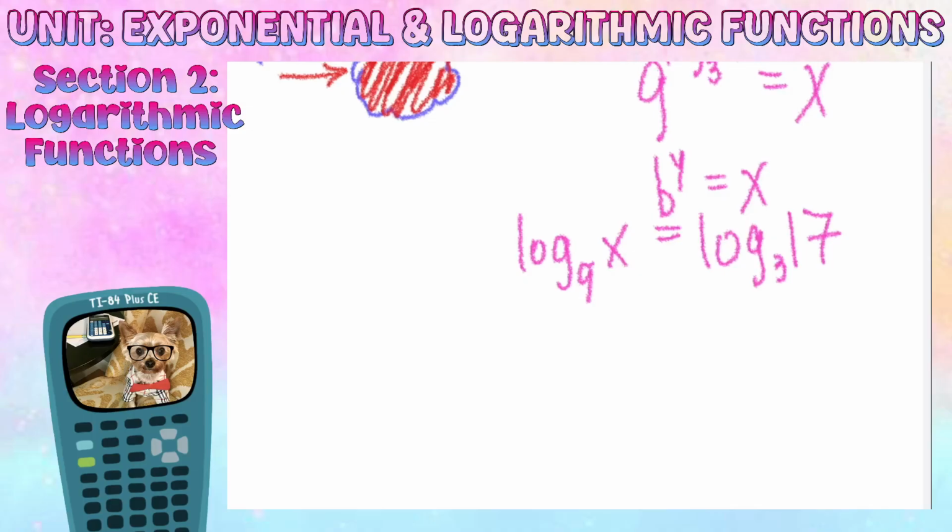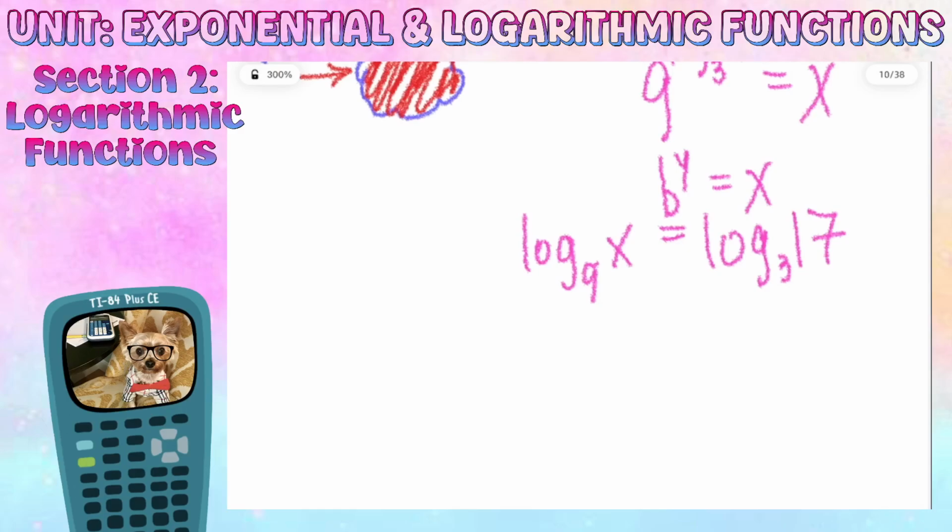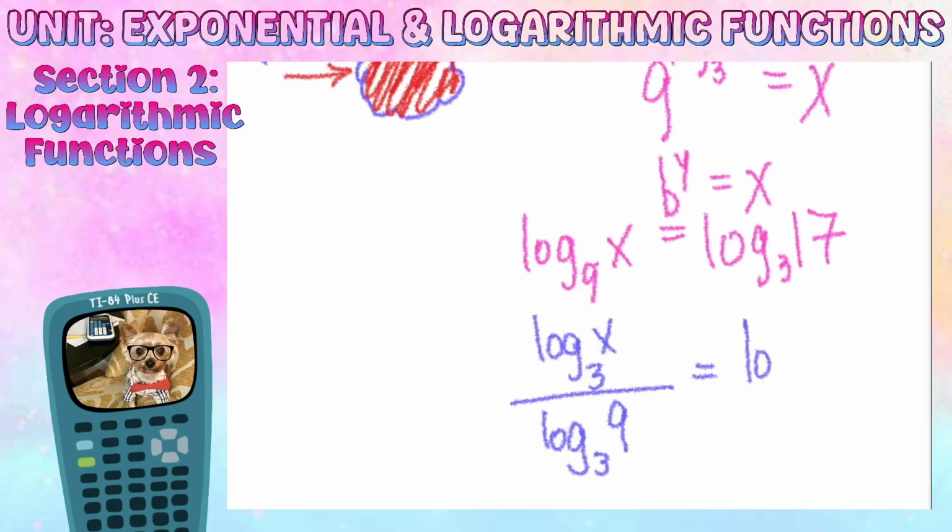Which way should I do it? Yeah, I'm going to make the bases both 3. I think that's easier, the smaller number. So what will that look like? I'm going to have log base 3 of x, change of base formula, so if you know that already, over log base 3 of 9 equals log base 3 of 17.